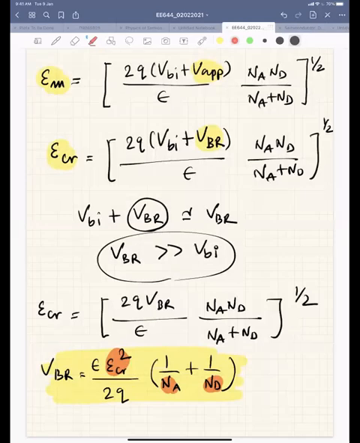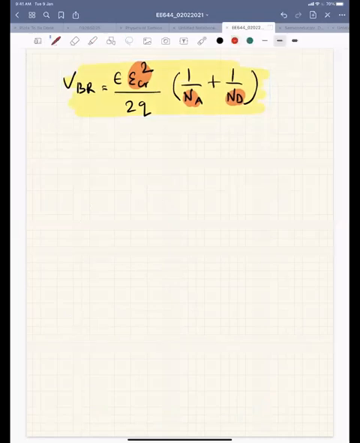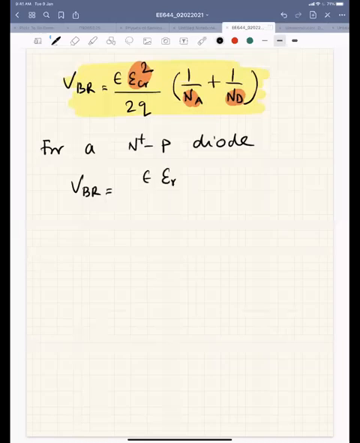So for an N plus P diode, right? Your critical electric field you could write down as 1 by Na.